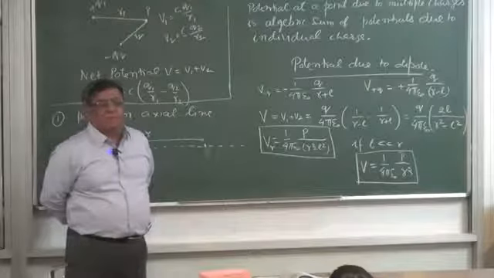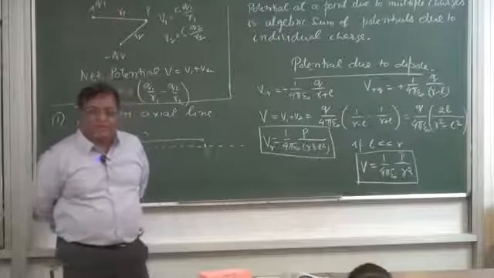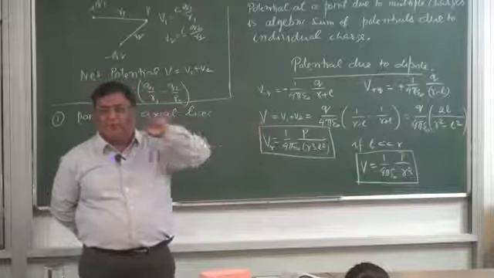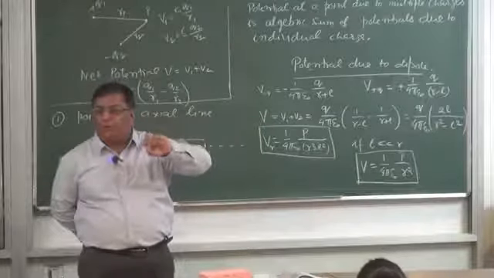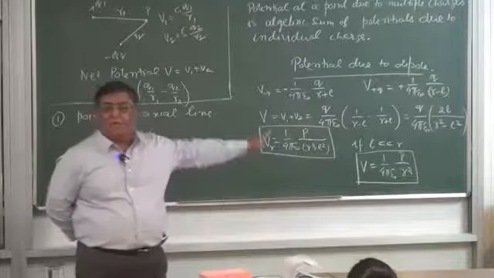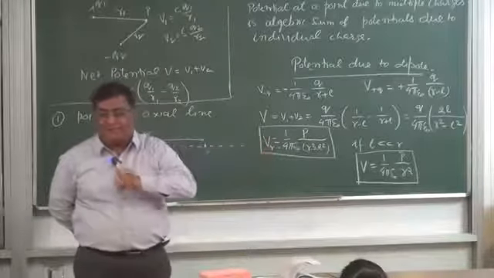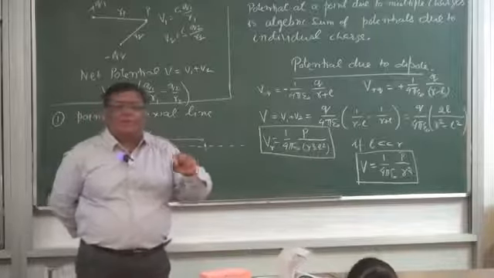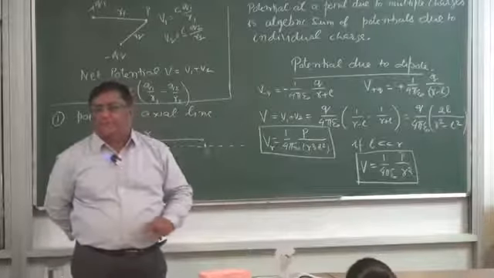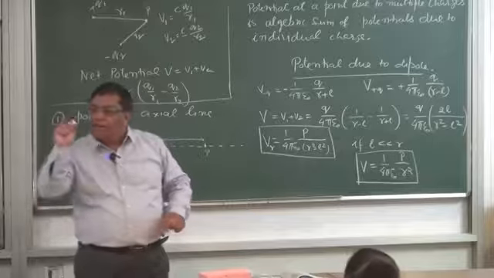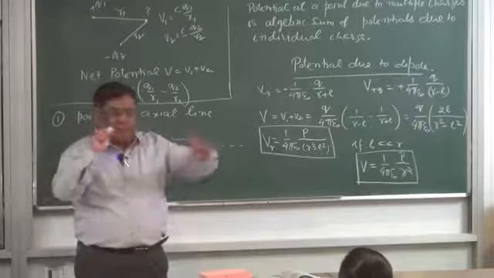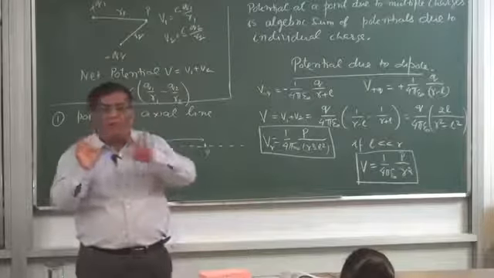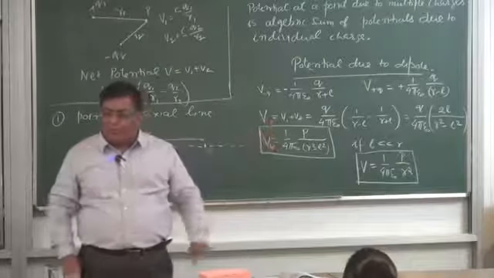What was the potential due to a point charge on a line? That was 1 upon 4 pi epsilon naught Q upon r. This is r square, mind it. Now, out of this r and r square, there is one question. A single charge is having potential. A dipole is also having potential at this point.